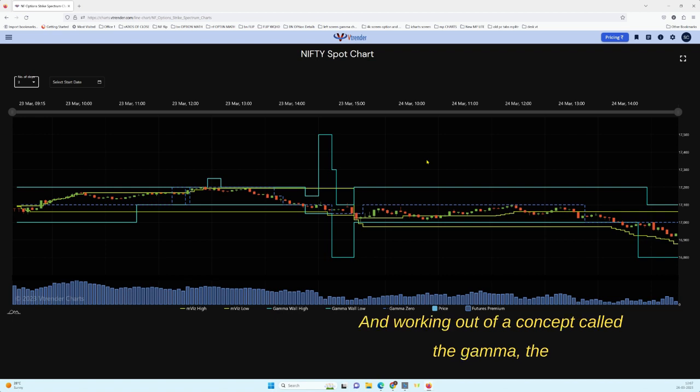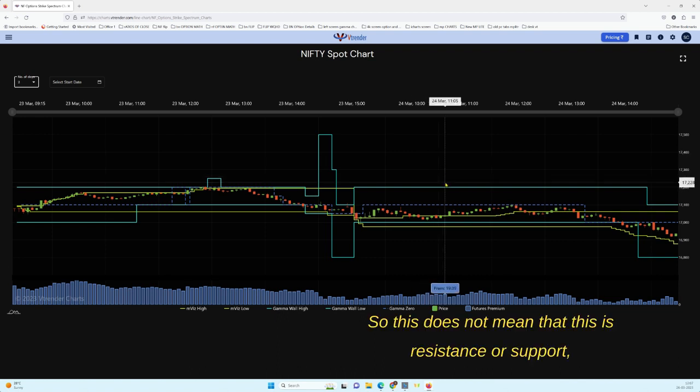Working out of a concept called gamma, the second order Greek, we like to estimate a probable high and low, based on the exposure of those option traders in the market. So this does not mean that this is resistance or support, but the expected range of all the big traders who have placed large positions in the market.